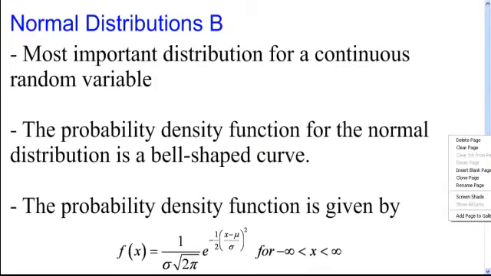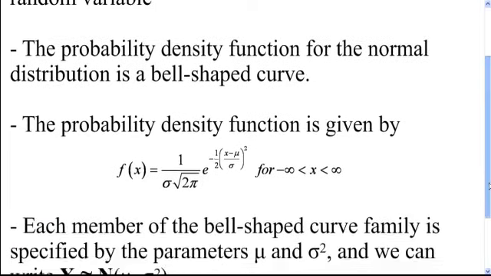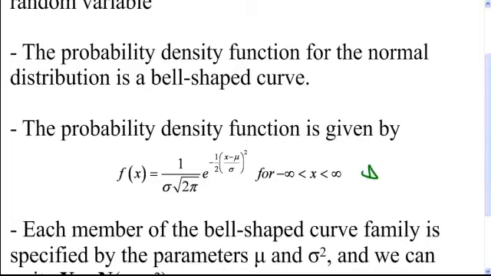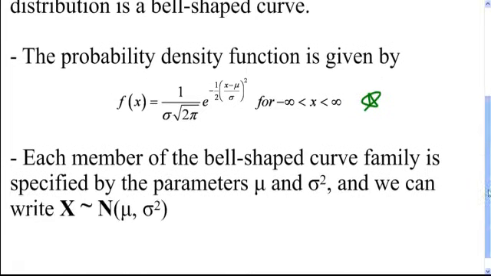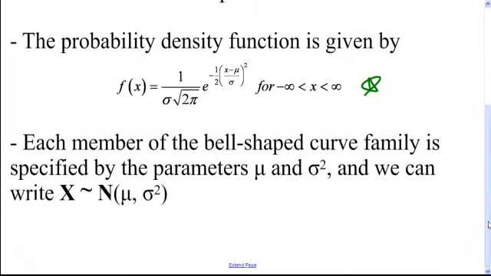So to begin with, we're going to look at those normal distributions. These are the most important distributions for continuous random variables. If we can look at a normal distribution, that bell shape, we can actually figure out what the equation for it is, which is here. And for every member of that bell-shaped curve, there are specific parameters.